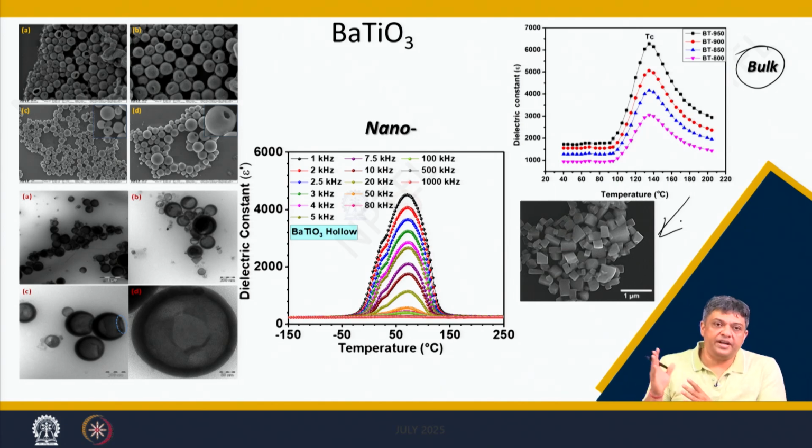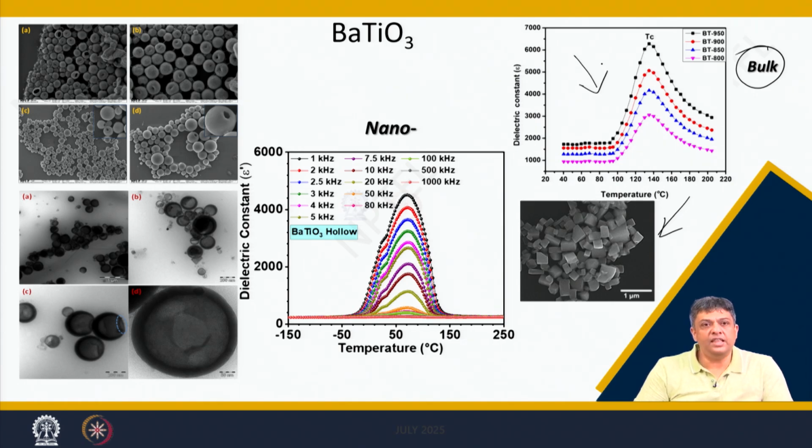If you come from high temperature to low temperature regime at around 130 degrees, it goes from cubic to tetragonal, then at 5 degree it goes from tetragonal to orthorhombic, and around minus 90 degree C it goes from orthorhombic to rhombohedral, and this is the corresponding dielectric constant curve.